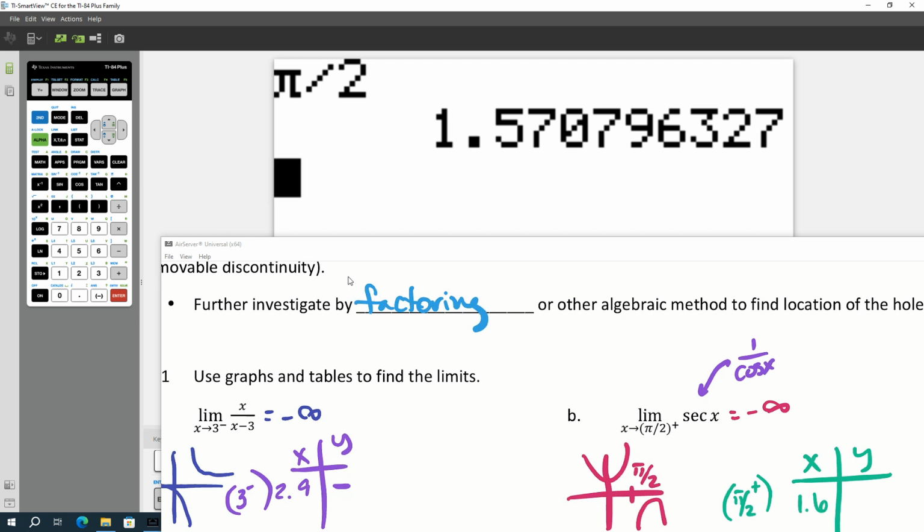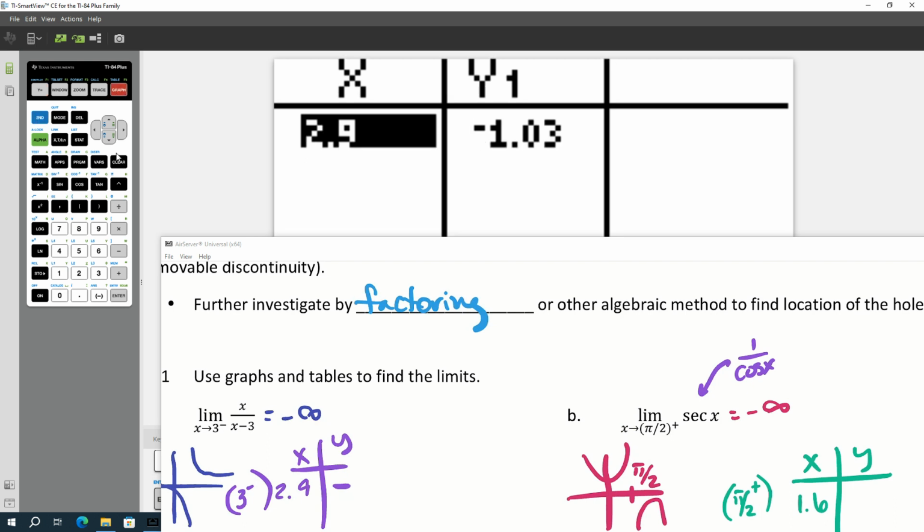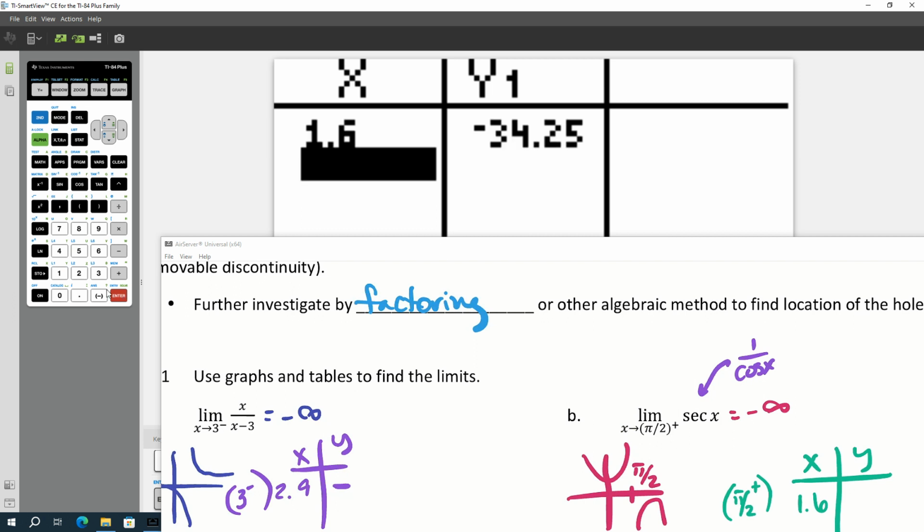Good idea. We'll go to the table and figure that out. Now I know there's a vertical asymptote here, so if I get a positive, it's positive infinity. If I get a negative, it's negative infinity. And I got a negative. I'm not even going to write the number. I'm just going to put negative because that's all that matters.